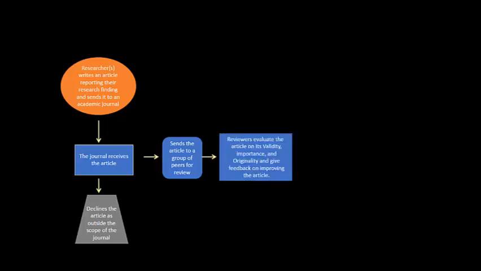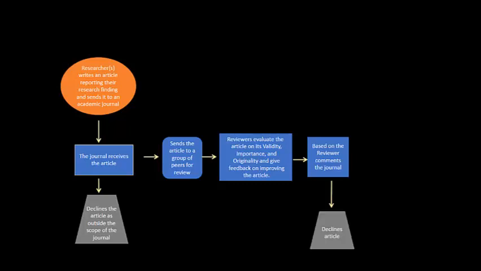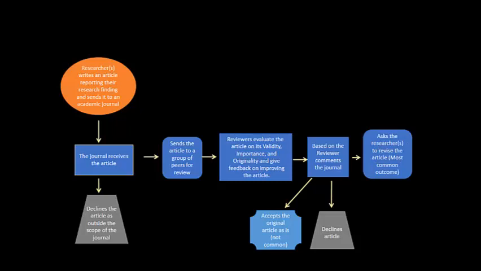The reviewers then evaluate the article on its validity, importance, and originality, and give feedback on how to improve it. Based on the reviewer's comments, the journal has a few options. They might decline the article, or they will accept the article as it is, which is not very common. The most likely option is that they will ask the researcher to make some revisions and submit again.